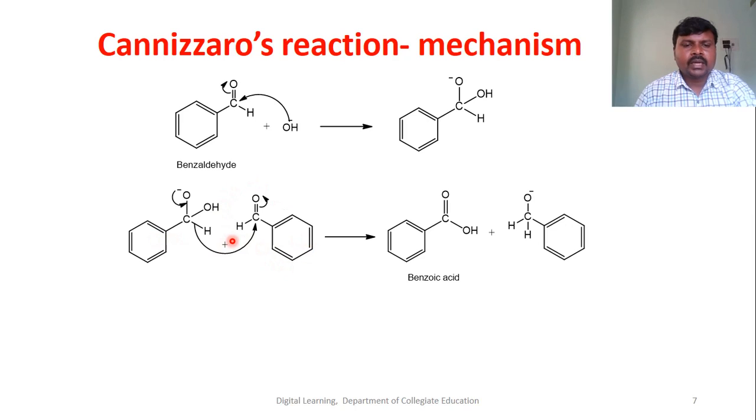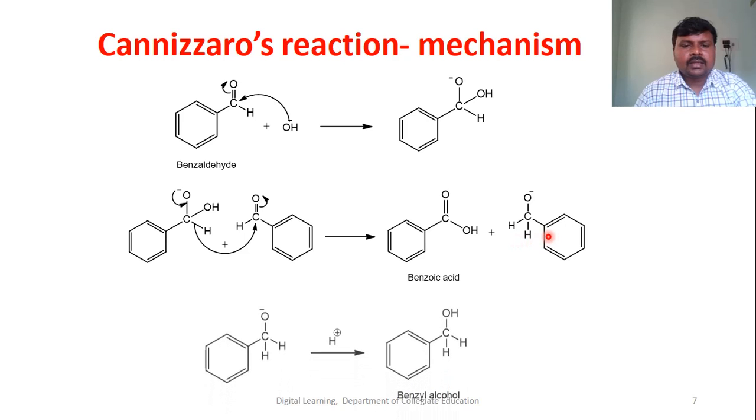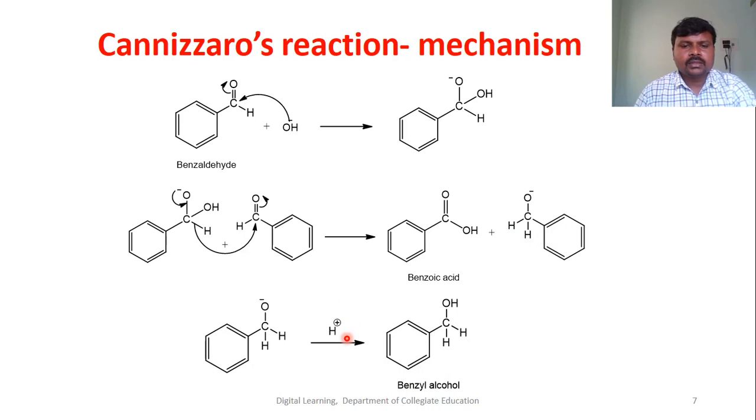This step is known as hydride transfer because H minus is transferred from alkoxide ion to the benzaldehyde. This leads to the formation of benzoic acid and another alkoxide ion. So this alkoxide ion in the next step gets a proton from the solvent to form benzyl alcohol.